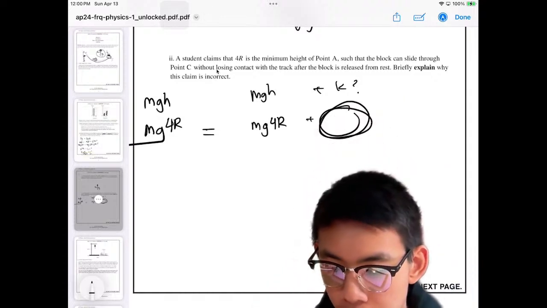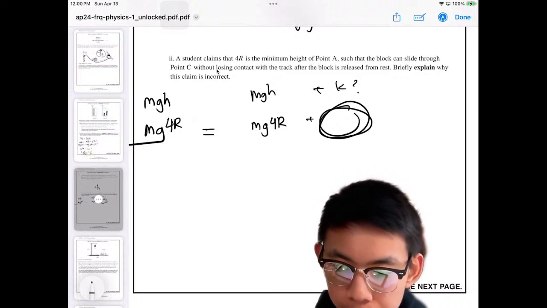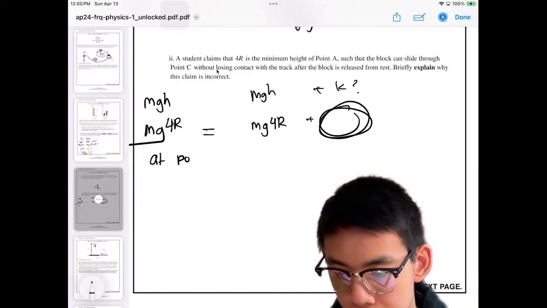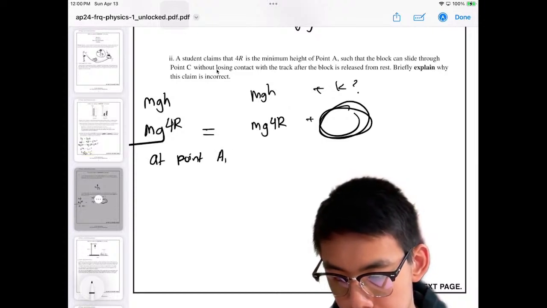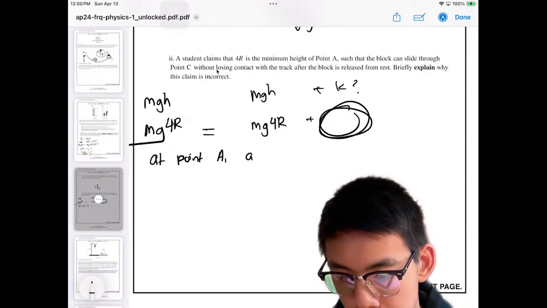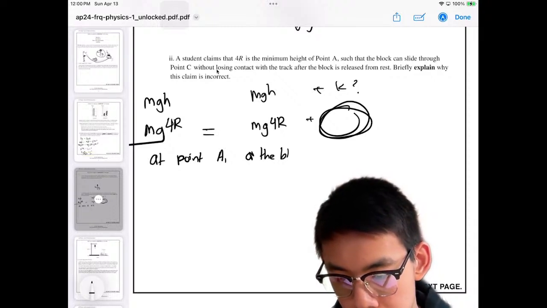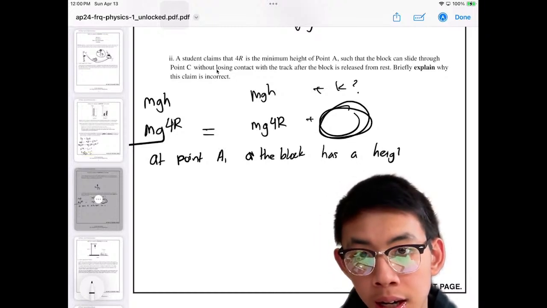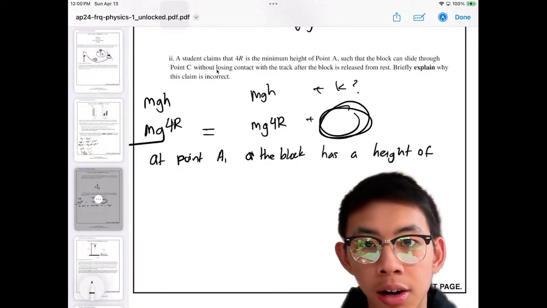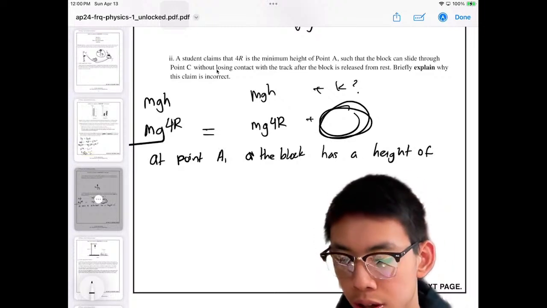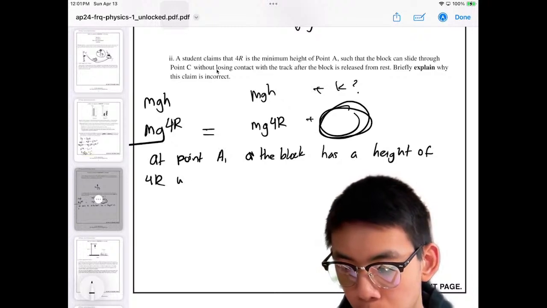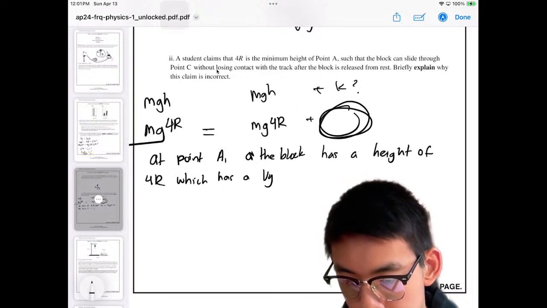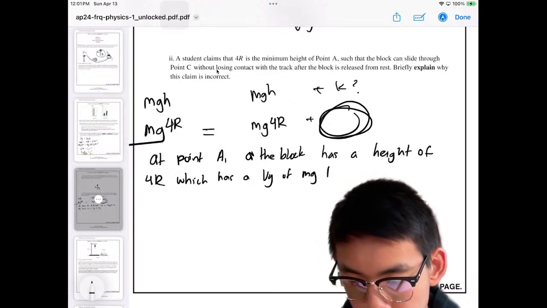Okay, so briefly explain why this claim is incorrect. At point A, the block has a height of 4r, which has a UG of mg4r.